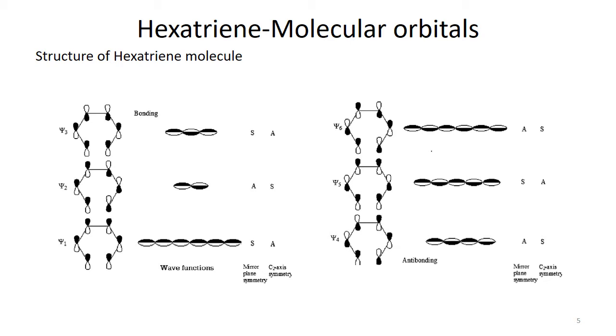When we place a mirror plane between C3 and C4, then we see that these are quite symmetric with respect to both halves. So this one is symmetric with respect to sigma, the mirror plane. Psi4 is again asymmetric because it can't be divided into equal halves. Then again psi5 is symmetric, it can be divided into equal halves, and psi6 is asymmetric with respect to sigma.